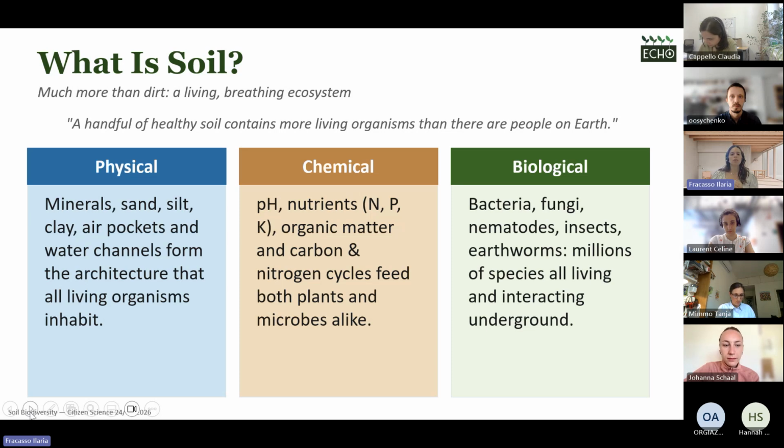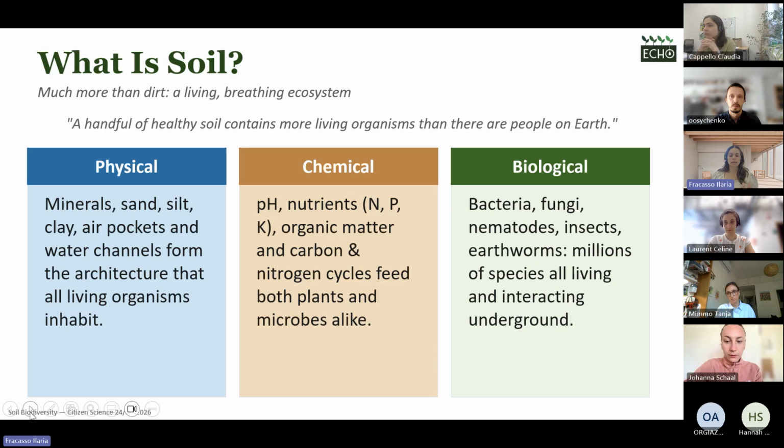But soil is also a chemical system because it is rich in nutrients and all the ingredients that plants and other organisms need to grow. And it's a biological community because soil is rich in a lot of living beings like bacteria, fungi, nematodes, and other insects, and they all together form a huge underground city.